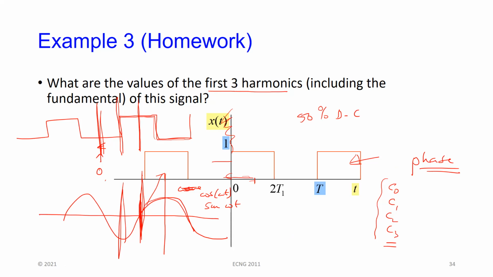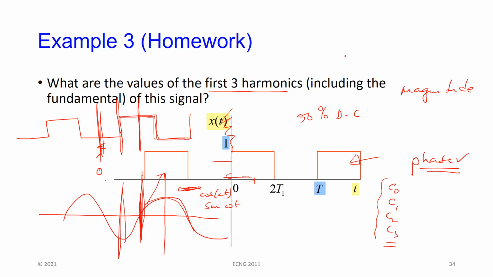And that is an important thing, that when you're dealing with signals and you have the spectrum, the magnitude of the spectrum, which are the values of the Cs, is one part of the answer, but the phase is also the other part. It tells you the relationship between all of the components, and it makes a big deal.